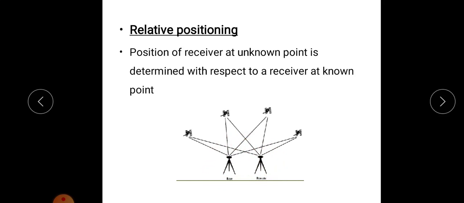This is one classification of a surveying method: absolute positioning and relative positioning. In absolute positioning there will be only one receiver, and in relative positioning there will be two receivers. So we are calculating the location of the unknown point by relating it to the position of the known point. So it is known as relative positioning.